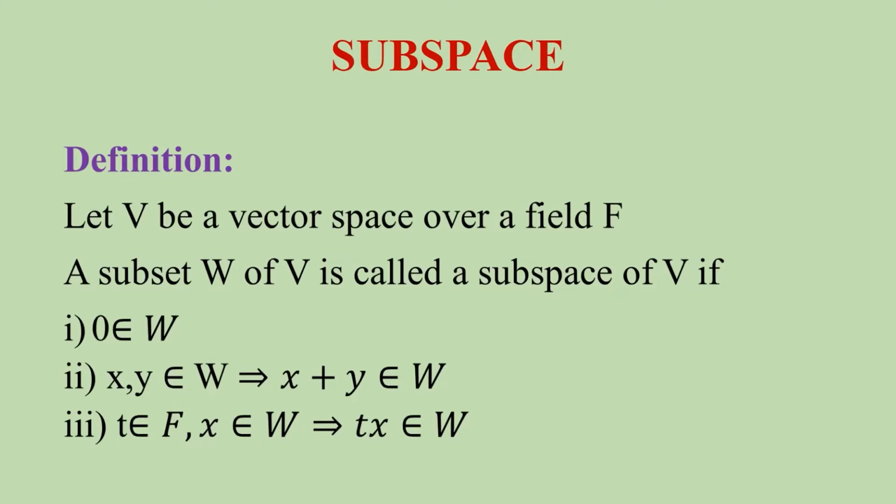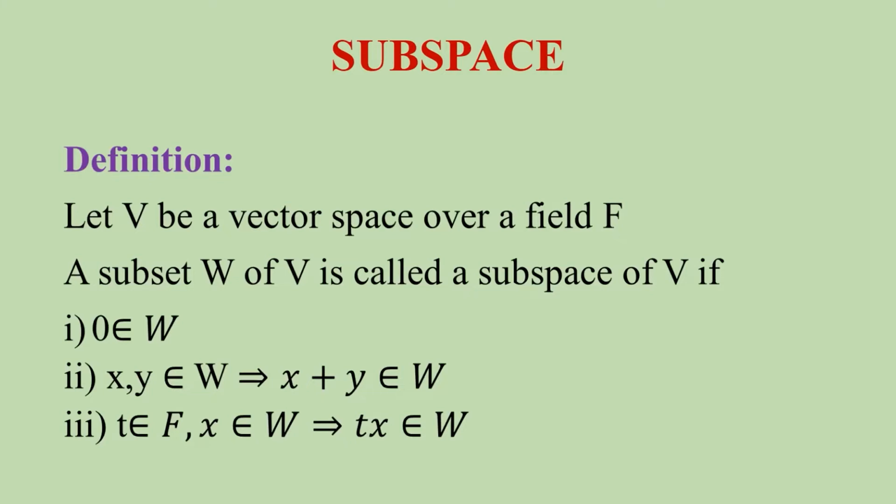The conditions are: alpha times (U plus V) is equal to alpha U plus alpha V. Next, (alpha plus beta) times U is equal to alpha U plus beta U, for all U in the vector space V and all alpha, beta in the field.